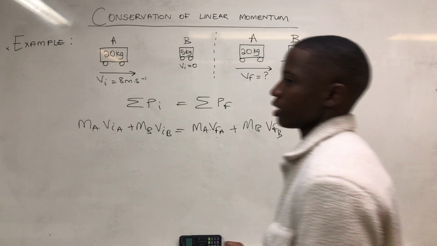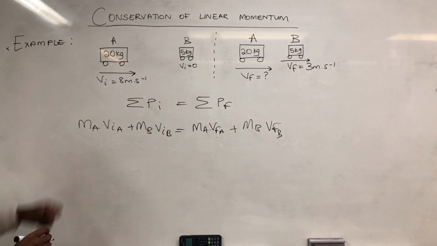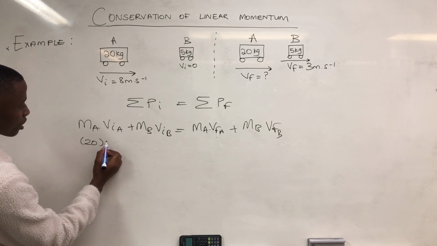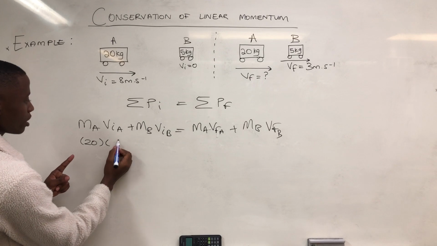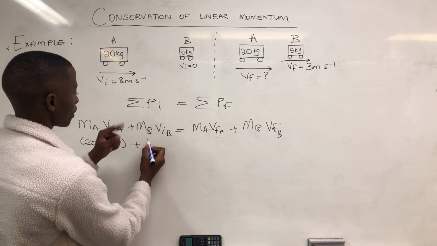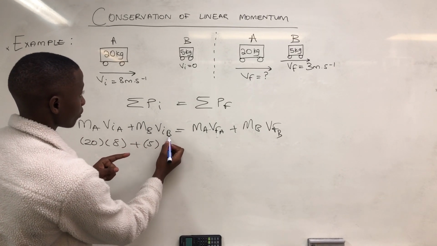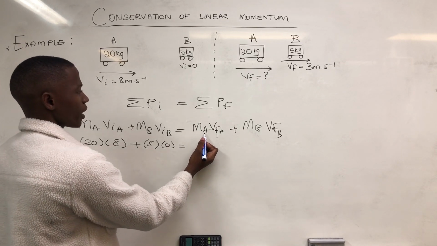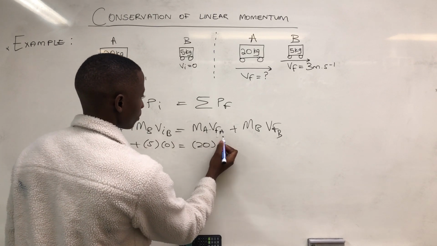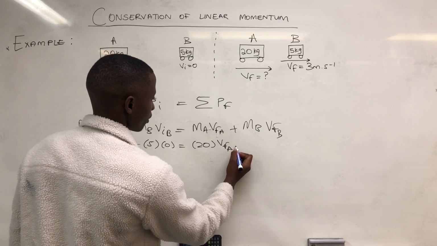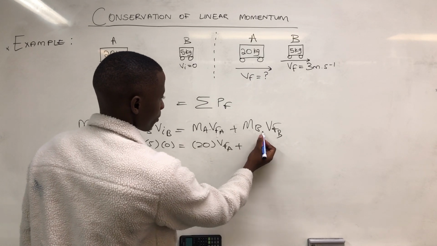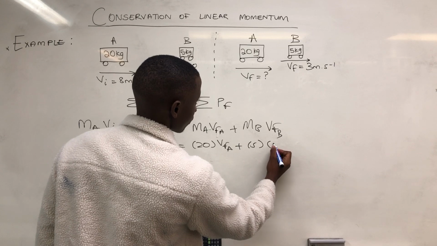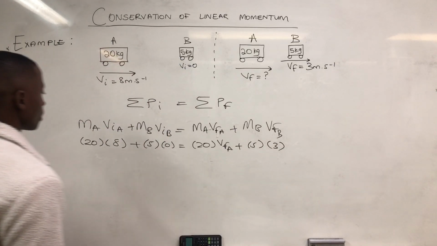So we have the mass of A, which is 20. The initial velocity is 8, plus the mass of B, which is 5, and the initial velocity of B is 0, is equal to the mass of A, which is 20, multiplied by its final velocity, which we're looking for, plus the mass of B, which is 5, multiplied by its final velocity, which is 3 meters per second.